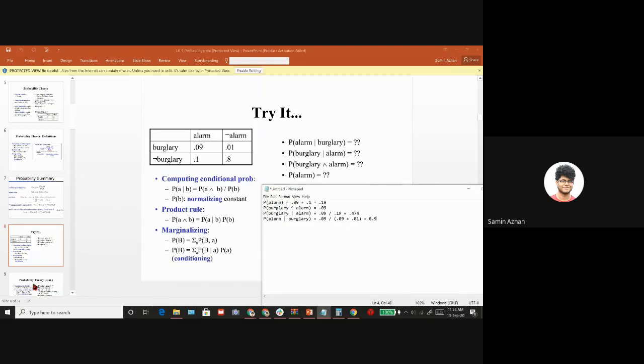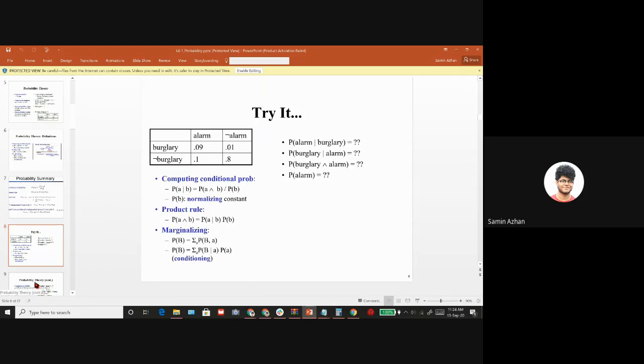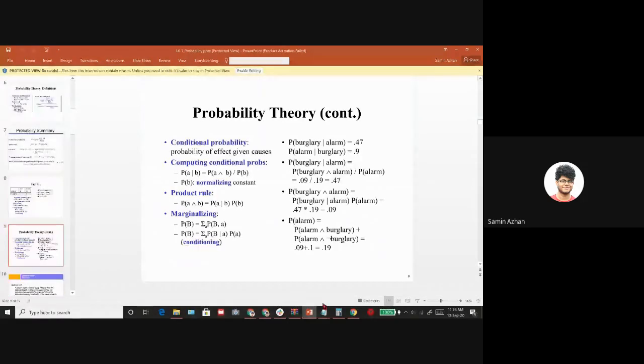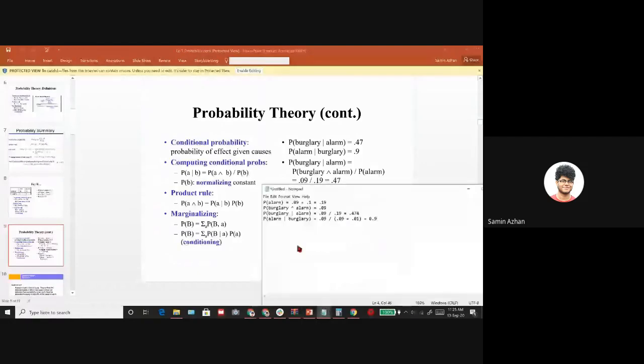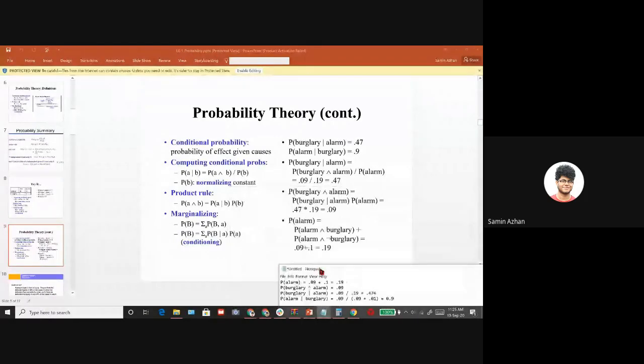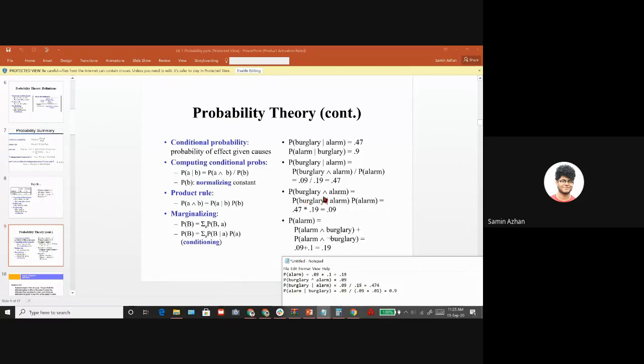So let's verify our answers with the next slide. Our probability of alarm should be 0.19, which we got. And our probability of burglary and alarm should be 0.09. We got it right.